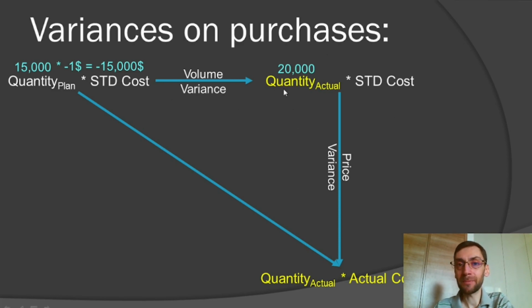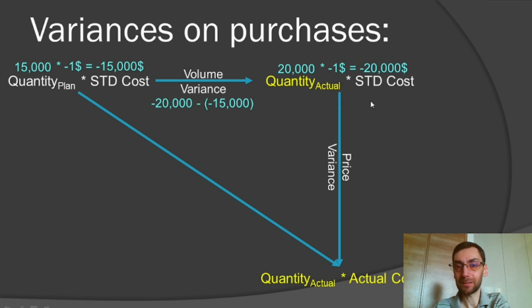So in reality, as I said, you buy 20,000 empty plastic bottles, right? And you buy them at standard cost first, because you just want to know the impact of buying more volume. So you purchase them at $1 as well, so 20,000 bottles at $1, which is $20,000. And the volume variance will be your actual quantity at standard cost minus your planned quantity at standard cost.